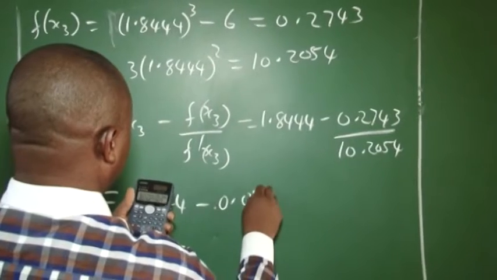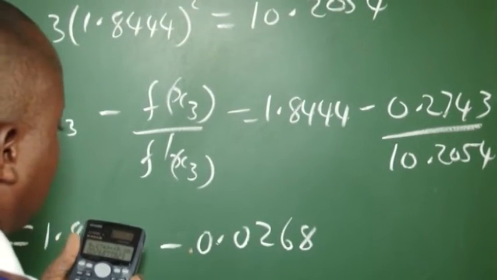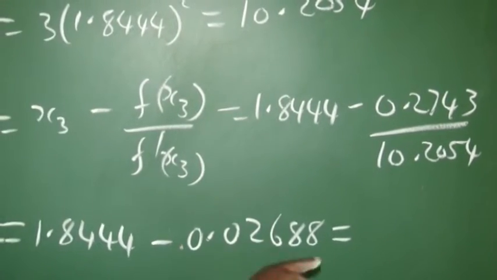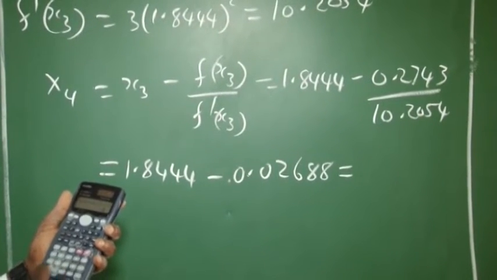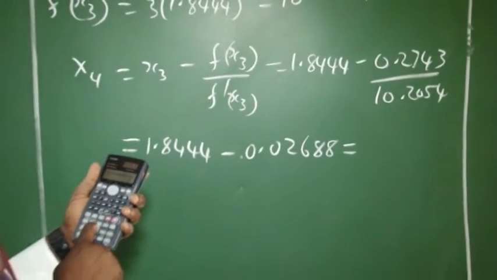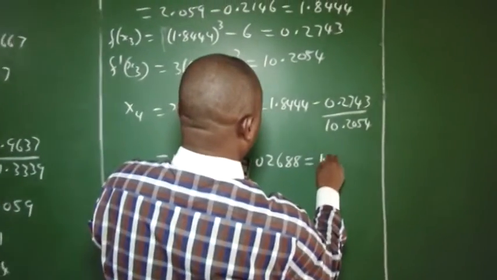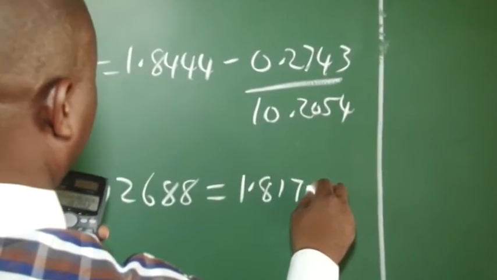That is 0.02688. If we subtract this, 1.8444 minus 0.02688 gives us 1.8175.